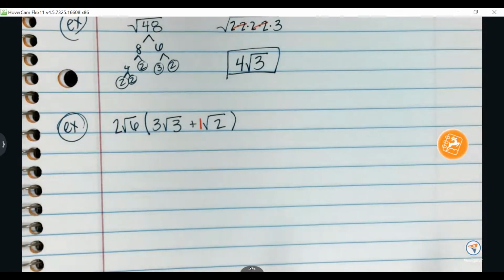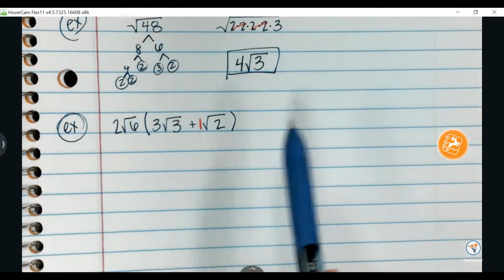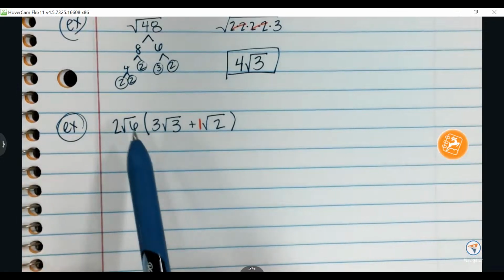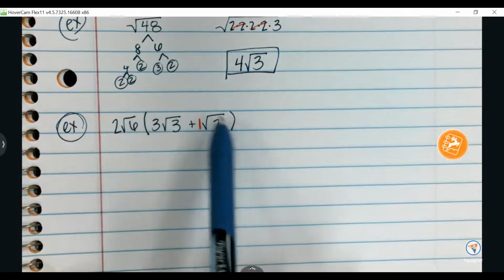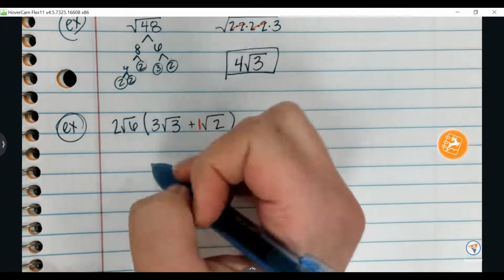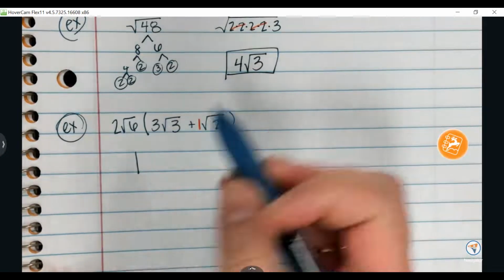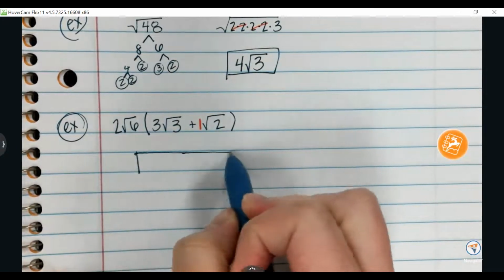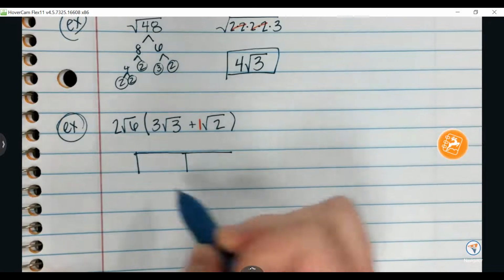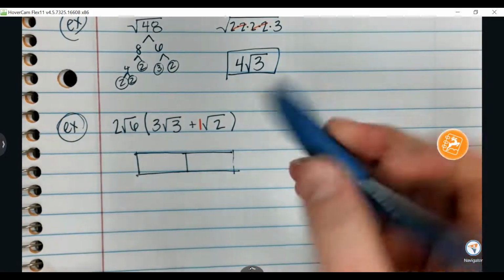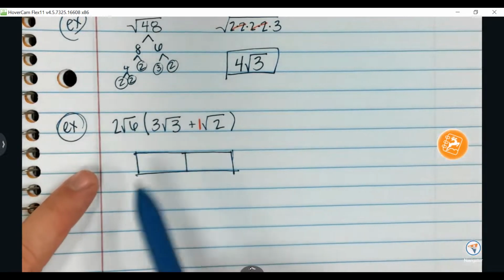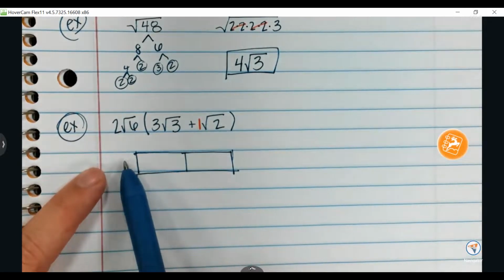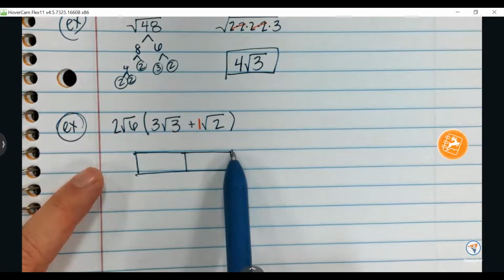All right. So here's where I need the organization. I have 1 number outside, 2 numbers inside. I'm going to make a box that shows that, so I'm going to make my boxes 1 by 2. Does everybody see what I did there? 1 outside, 2 insides.